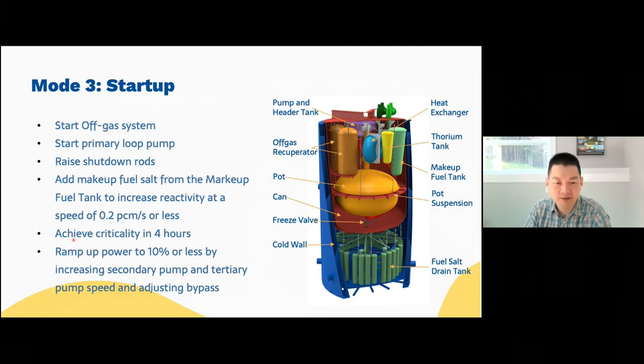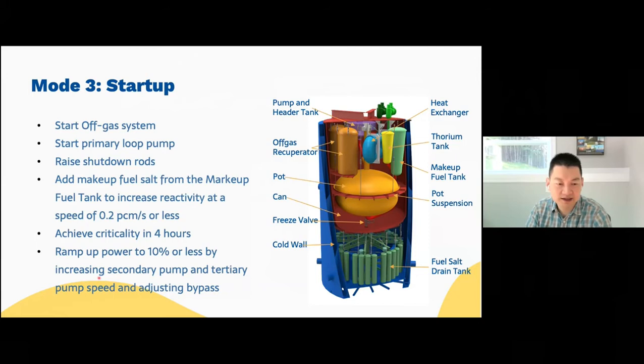We have a monitoring system. If anything goes wrong, the shutdown rod will drop into the pot and will stop the chain reaction. Once we reach criticality, we'll keep ramping up power to less than 10% of the full power. How do we do that?